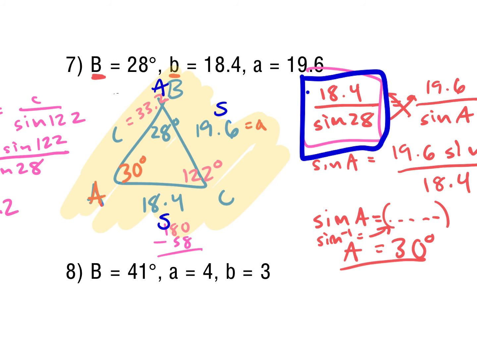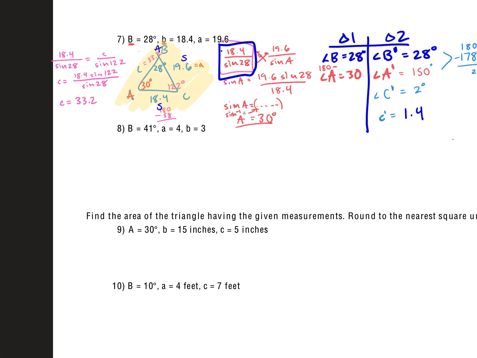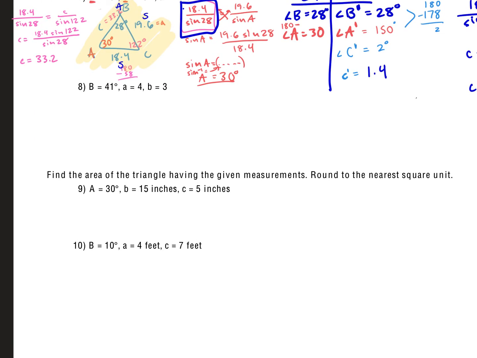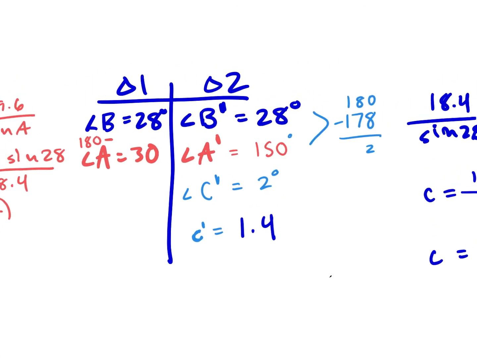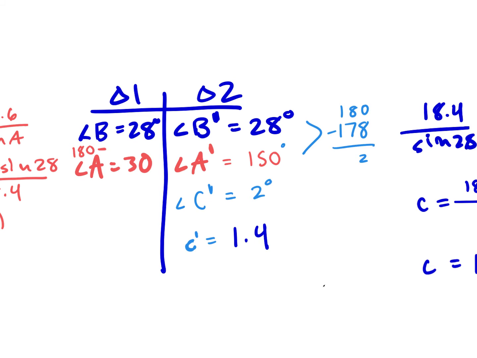You might have no triangle, you might have one, you might have two. So you always have to check. If these two add up, let's say when we add these two, we get 200. You can't have two angles in a triangle that add up to something bigger than 180. So if it adds up to something bigger, then you don't have a second triangle.